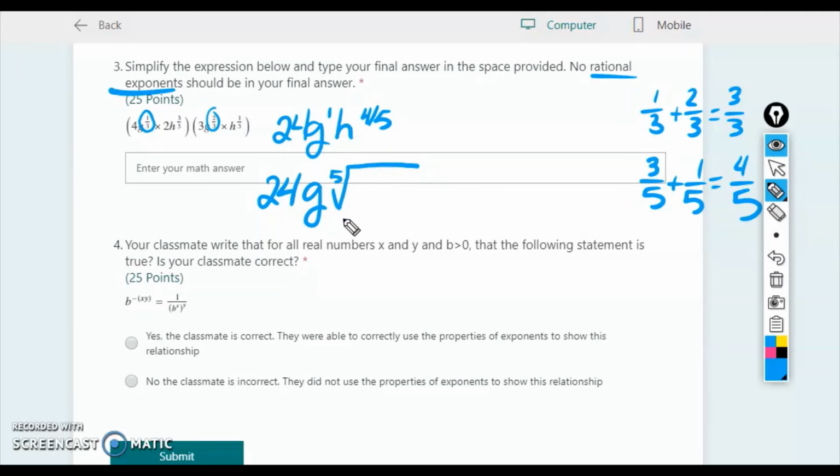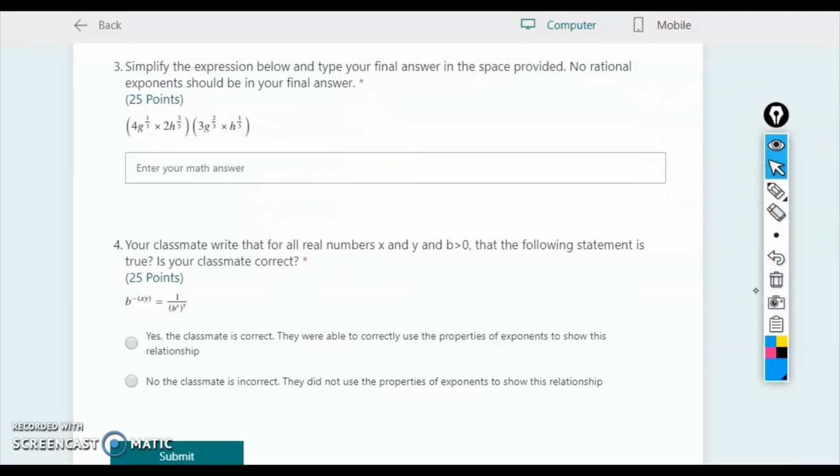So when you type it in, make sure you have the radical bar with an empty space right here, and you're going to type the number 5 there. And then h to the 4th. And then you'll type this as your answer. Be careful, this 5th goes with the radical, not with the g. If you want to put g to the 1st, you'll still get full credit. If you leave it just as g, you'll still get full credit. So either answer. Okay, next question.